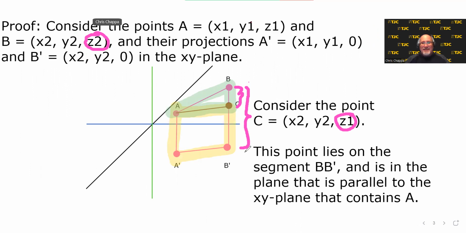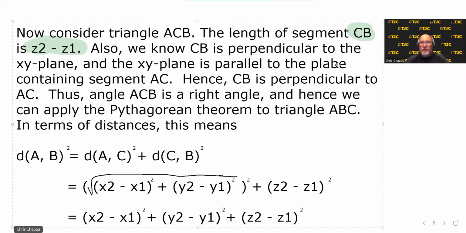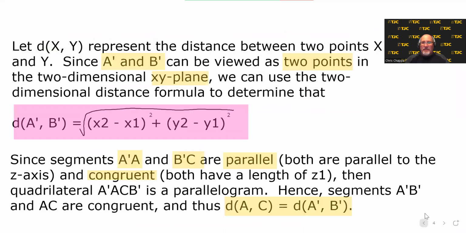And since the top part is contained inside of the entire segment, and the entire segment is perpendicular to the XY plane, then this segment up here has to also be perpendicular to the XY plane. But the XY plane is parallel to the plane containing the segment AC. Let's digest that.